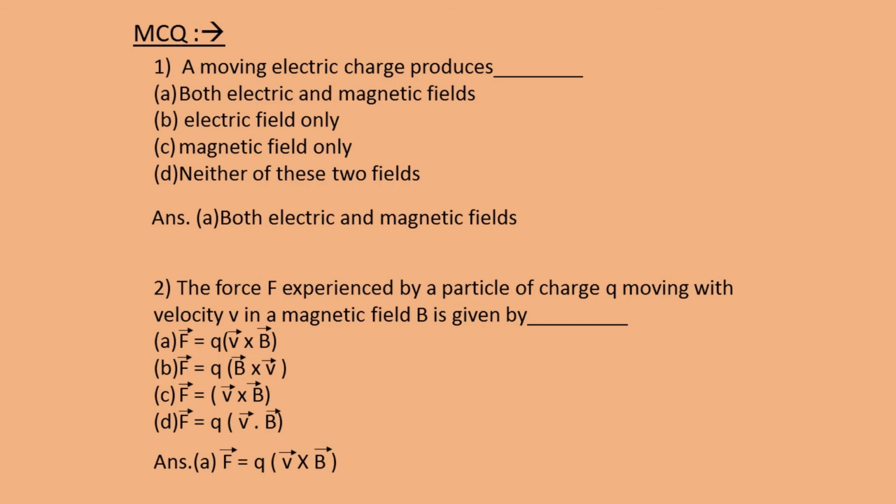And in the fourth option, there is V vector dot B vector, which is a scalar product. But we don't consider a scalar product in the magnetic force. Actually, there is only a vector product between V vector and B vector. Therefore, our answer is F vector is equal to Q into bracket vector V cross vector B.